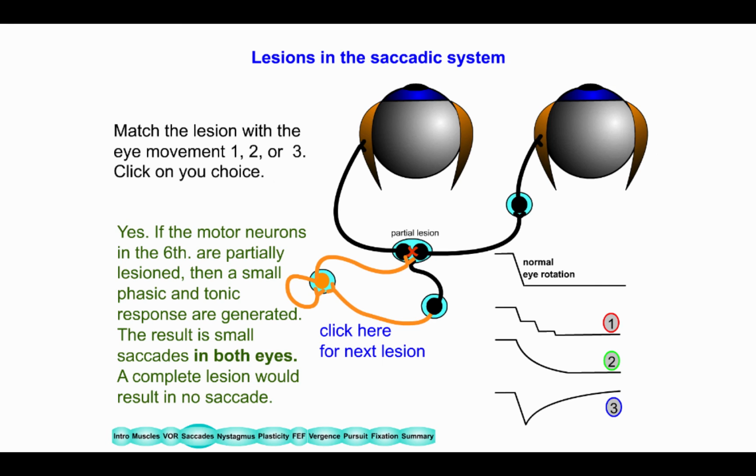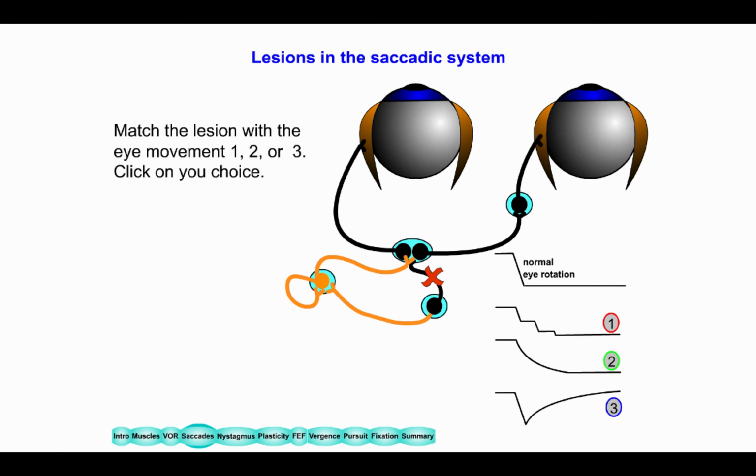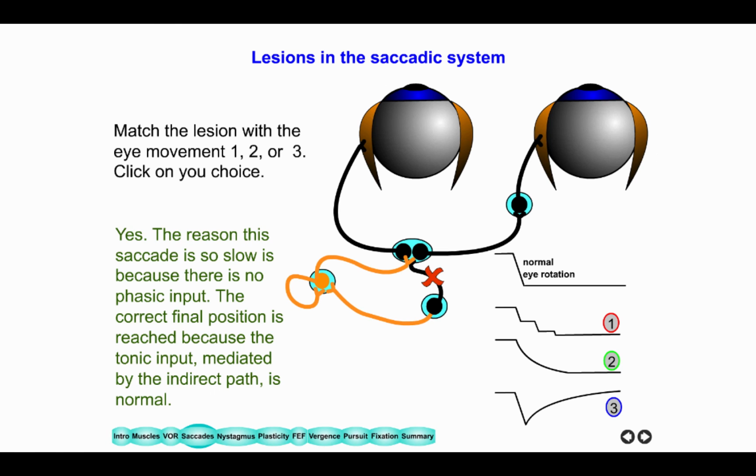Okay, so let's see what the last result is. You're lesioning the signal from the burst to your motor neurons. Are you producing this movement? This movement? Okay, good. You guessed it. It was a pretty obvious choice.